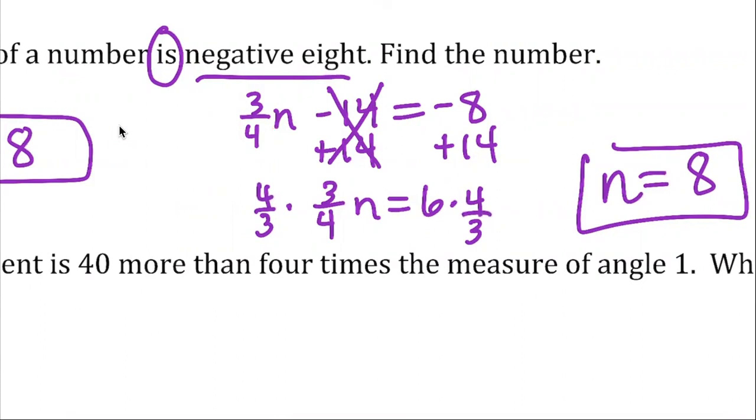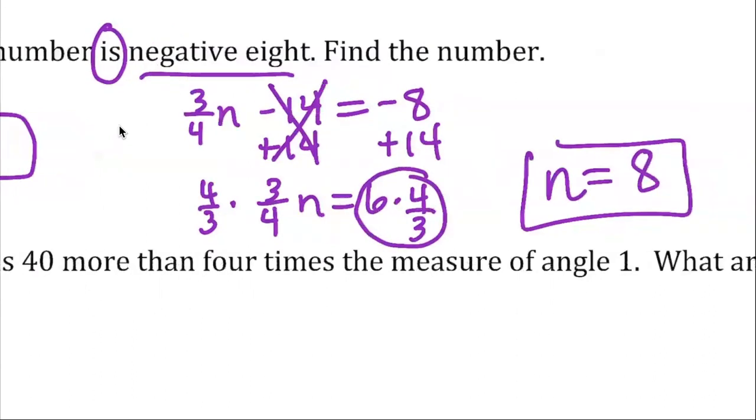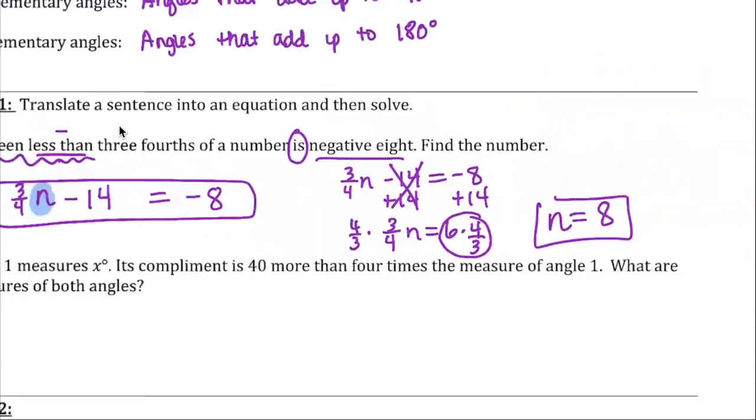Now, when we get down to the other step, this is what you were left with. Because we're multiplying by 3/4, we undo that by multiplying by the reciprocal, 4/3. That's what I have to multiply this side of the equation by. But if you take 6 times that, you get 8 as your answer.